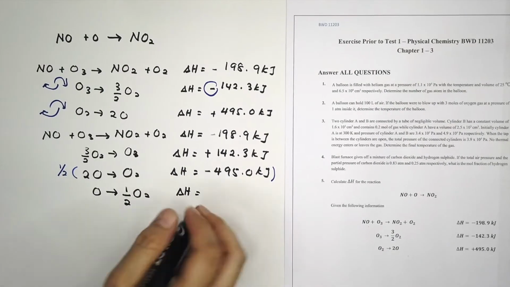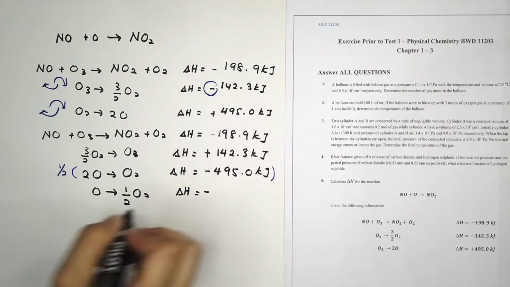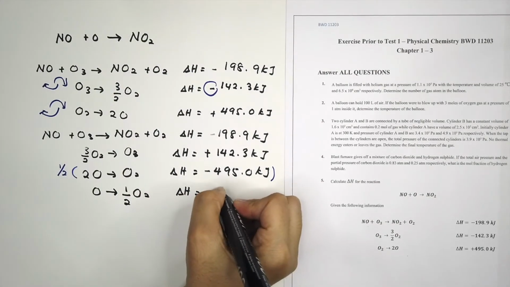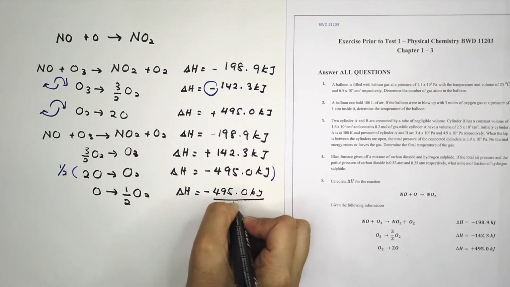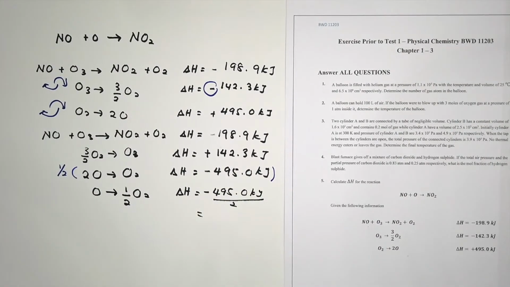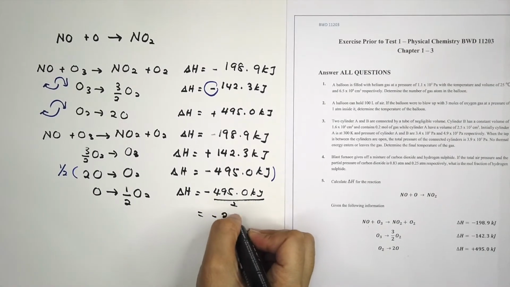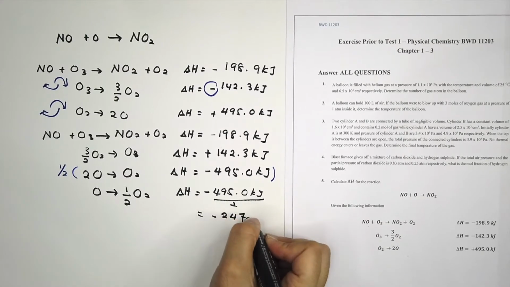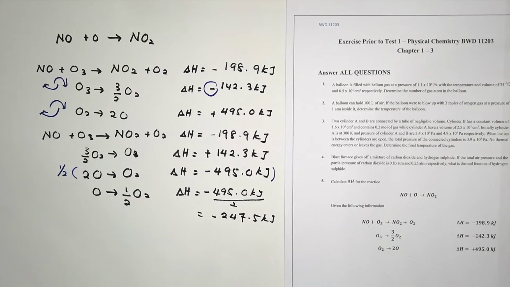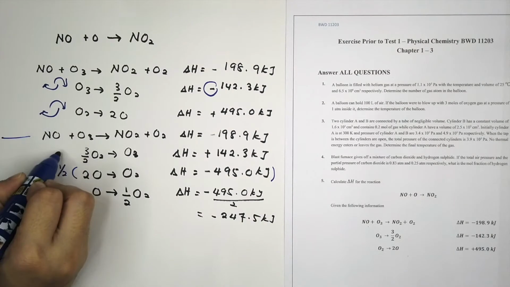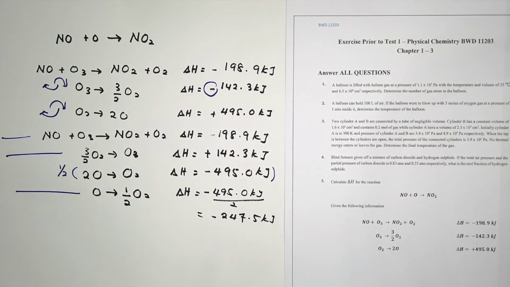Therefore, the delta H shall be equivalent to negative 495.0 kilojoule divided by 2, which is negative 247.5 kilojoule.